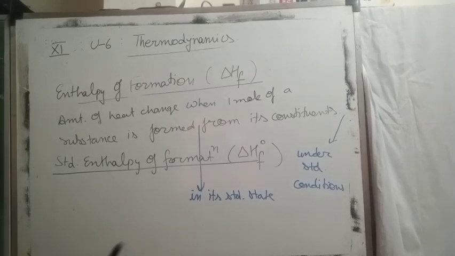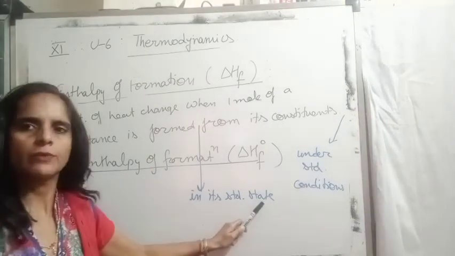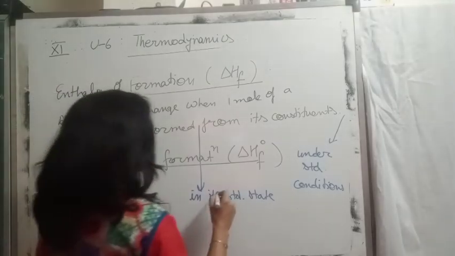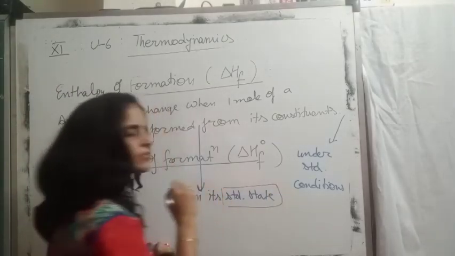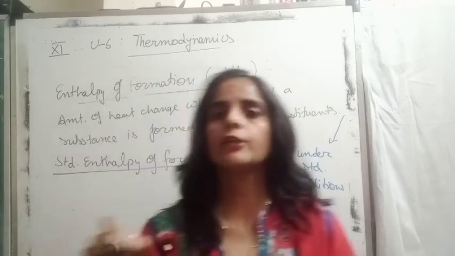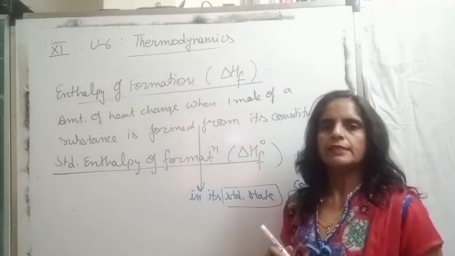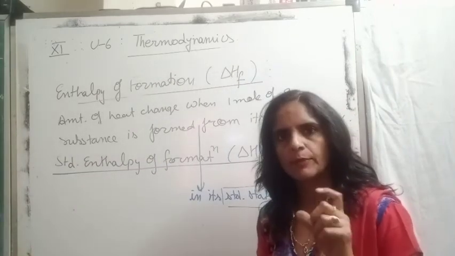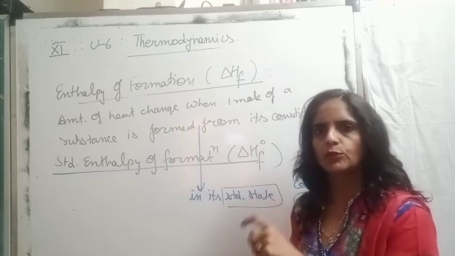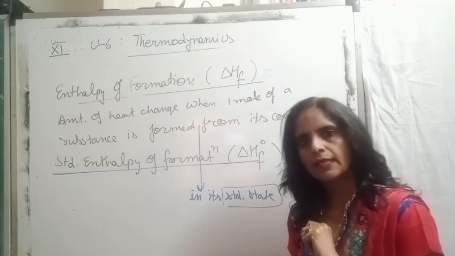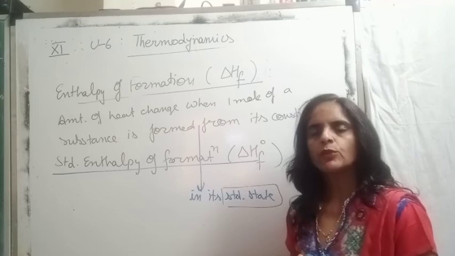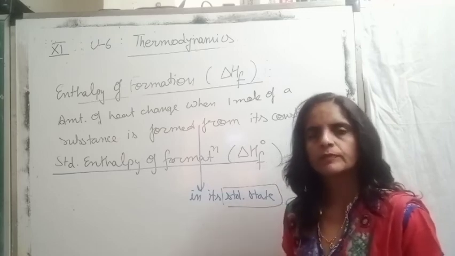Now children, what do we mean by standard state? Standard state is the most stable state of any substance at room temperature. Like for H2O, its standard state is liquid.